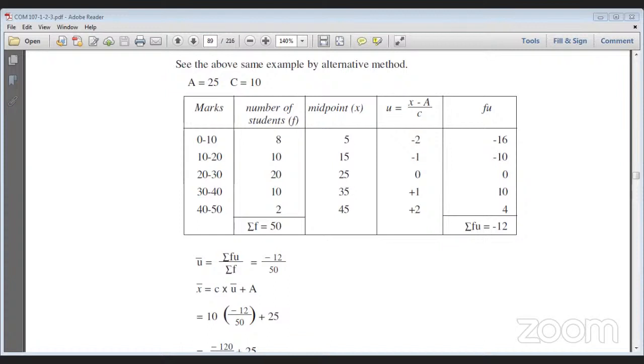Then for comparison, you require relative measures, which is the coefficient of range. The formula is coefficient of range is equal to H minus L upon H plus L. An example is given on page number 33.